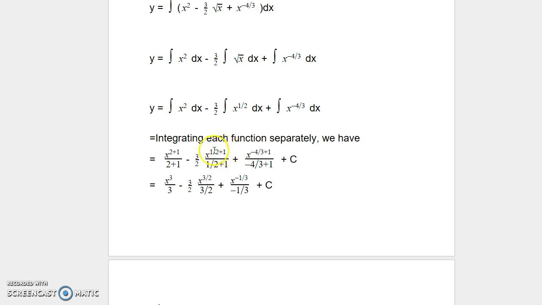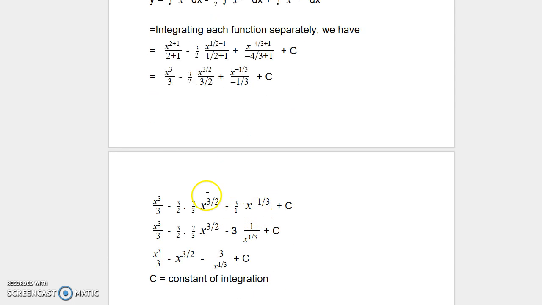When we simplify the fraction and the whole number, 1 half plus 1 is equal to 3 over 2, x to the power of 3 over 2 divided by 1 half plus 1 in the denominator simplifies to 3 over 2, plus x to the power of minus 4 over 3 plus 1, minus 4 over 3 plus 1 simplifies to x to the power of minus 1 over 3, and in the denominator minus 4 over 3 plus 1 simplifies to minus 1 over 3 plus c.